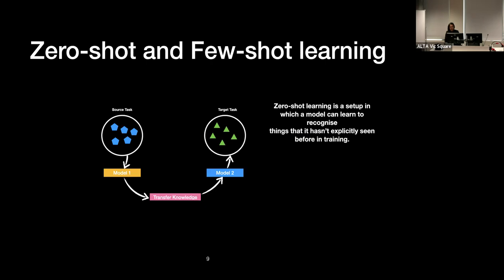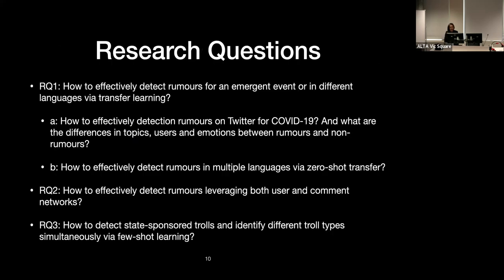So that is transfer learning in this case, and few-shot learning is where the model can do the job without explicitly seeing the data before in the training process. Here come our 3 research questions.